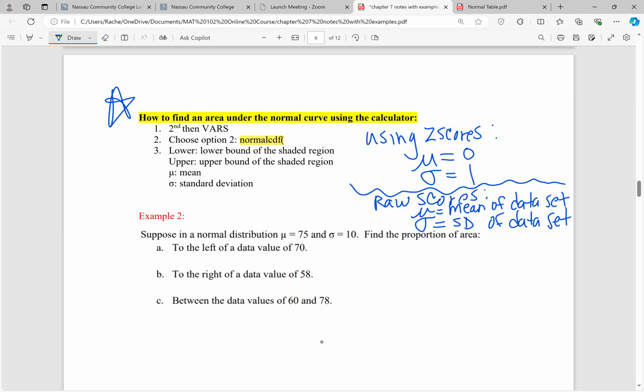And going forward now, maybe I'll do one more where I show you z-scores, using the table and raw scores, using the calculator, and then going forward from there, I'm strictly going to use the calculator anytime you want to find a proportion of area under the curve, just because it's the quickest way and it's just the most efficient way. Okay. So we'll start example 2 in the next video.